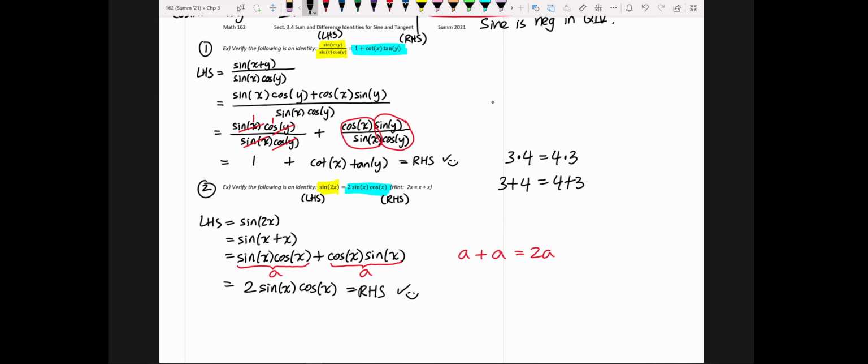So when you see sine of x times cosine of x plus cosine of x times sine of x, that's 2 sine of x cosine of x. Now, if the second term had y instead of x, then they would no longer be like terms. But all the inputs are x, so here we have like terms we're able to combine. Apple plus apple is 2 apples.